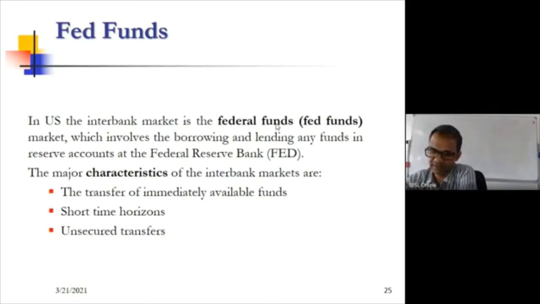Whatever funds they have idle in their accounts with the Fed Reserve, they lend or borrow for a very short time horizon, mostly overnight, and it is unsecured. That means you just lend to the other party, you don't get any collateral. So that's why it says unsecured transfers.